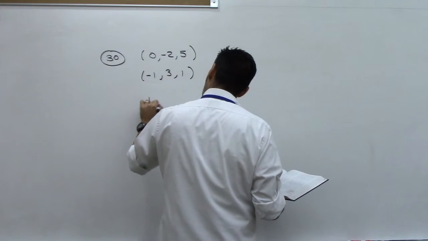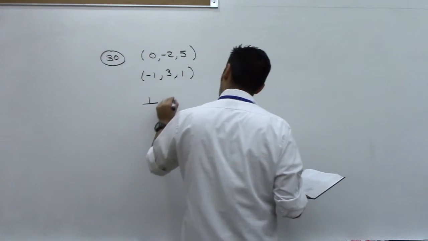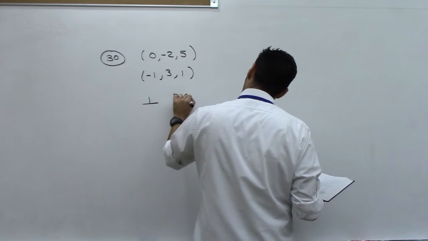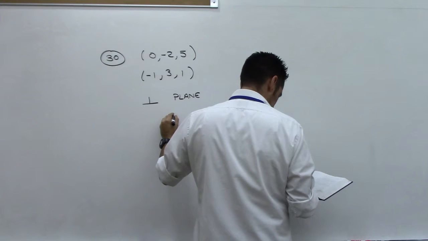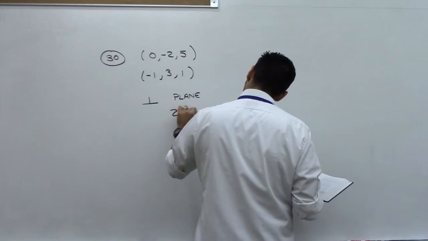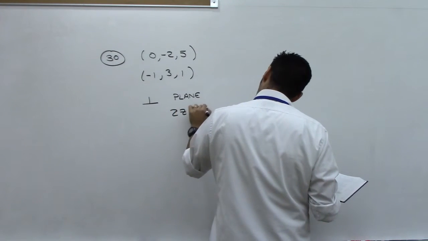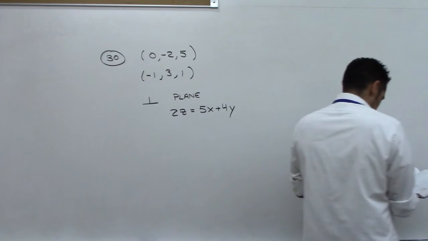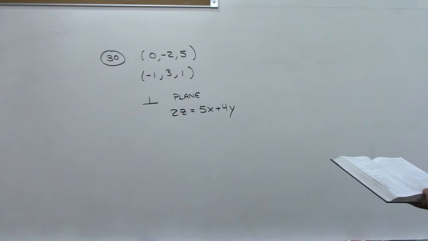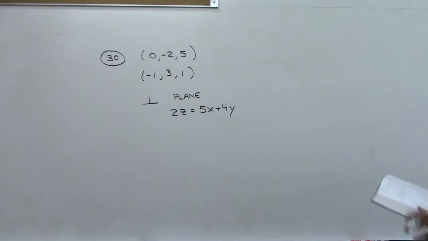And it is perpendicular to the plane 2z equals 5x plus 4y. Let me double check everything here. We've got 2 points and we've got a plane 2z equals 5x plus 4y.